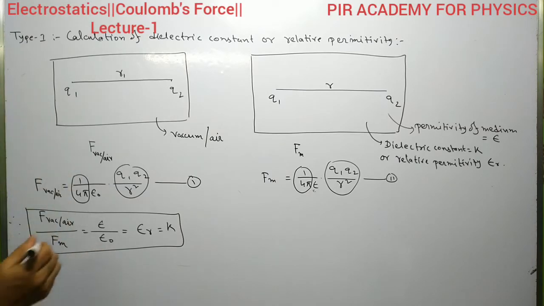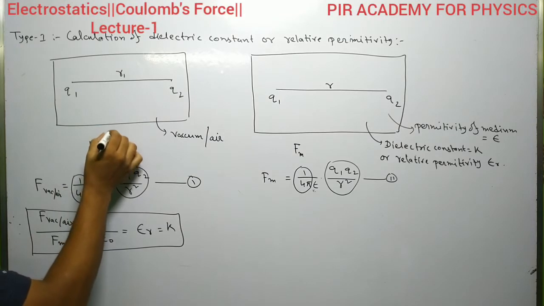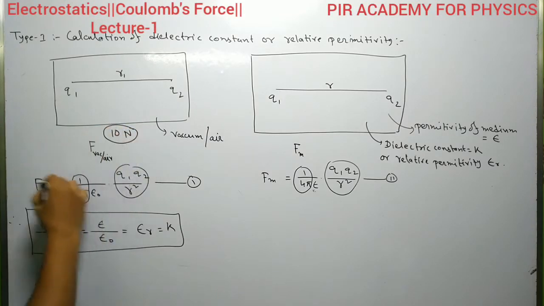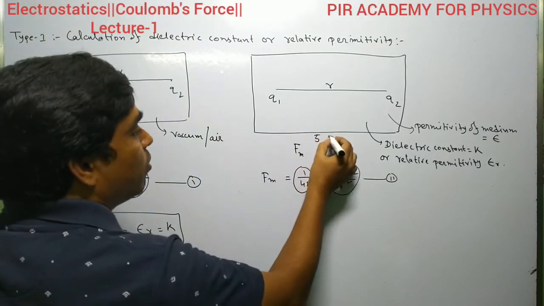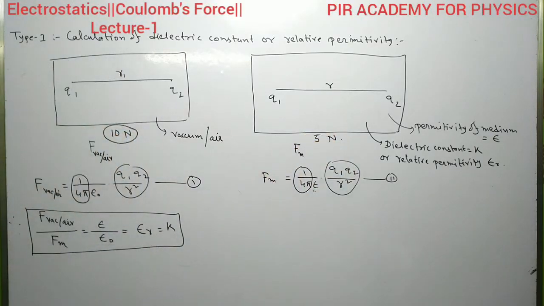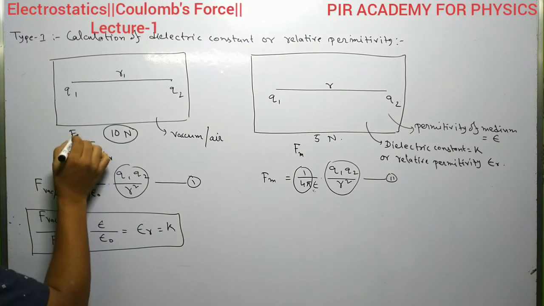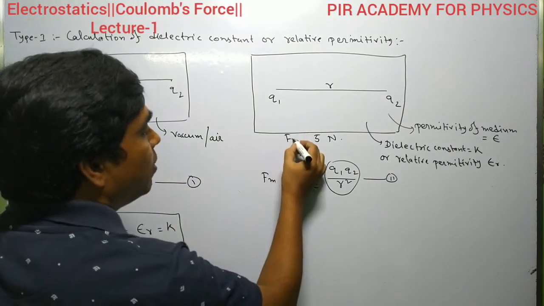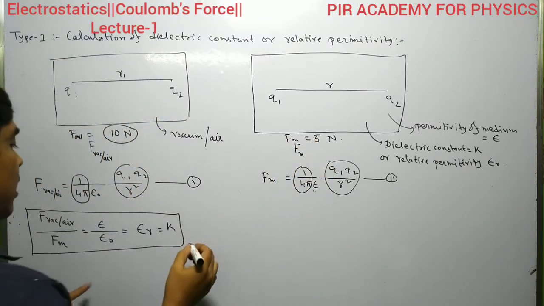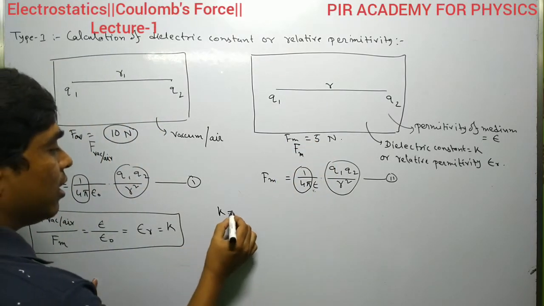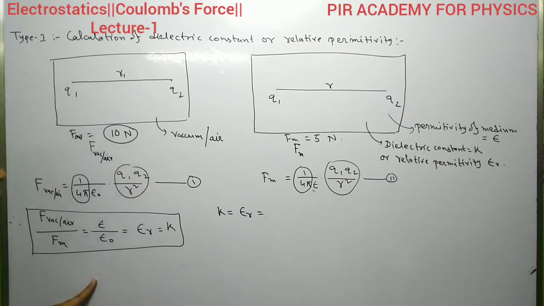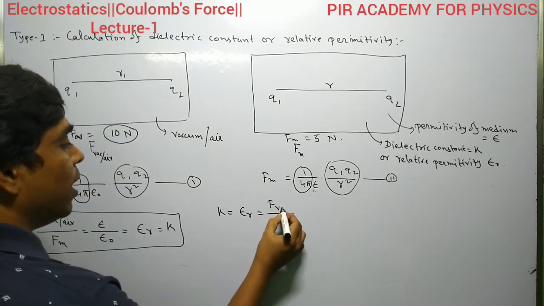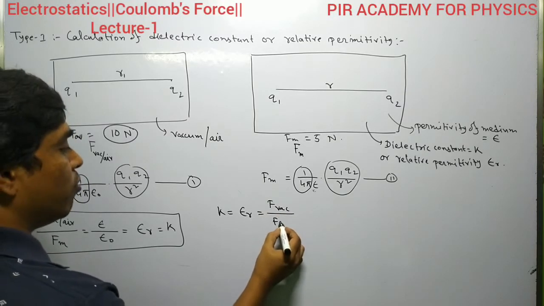Suppose F of vacuum is 10 Newton and F of medium is 5 Newton. Then the K or relative permittivity of the medium can be written as F of vacuum by F of medium.